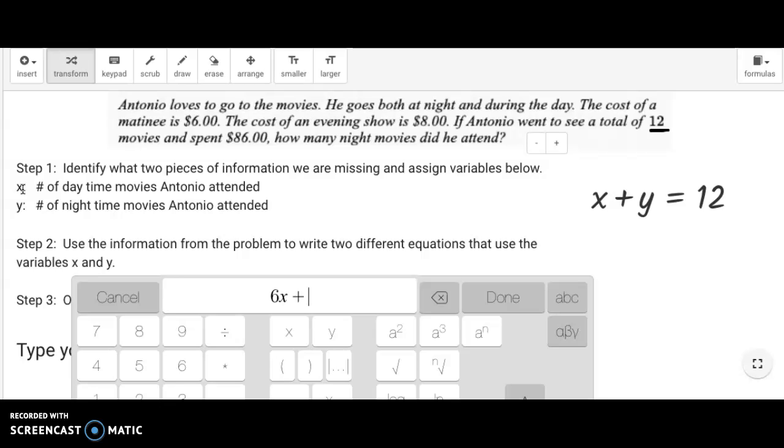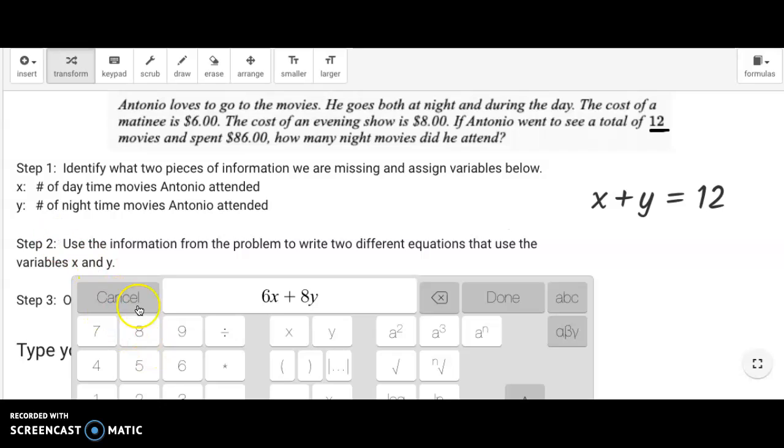Some of the movies he saw were at night and they cost $8. So nighttime movies was y, and that's going to get multiplied by 8. Again, if he saw 2 nighttime movies, that would be 2 times 8, or $16. I just don't know what that is, but that's why there's a variable there.